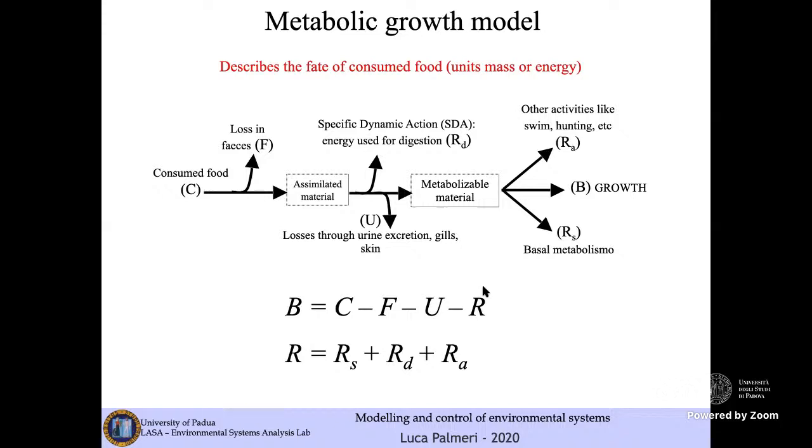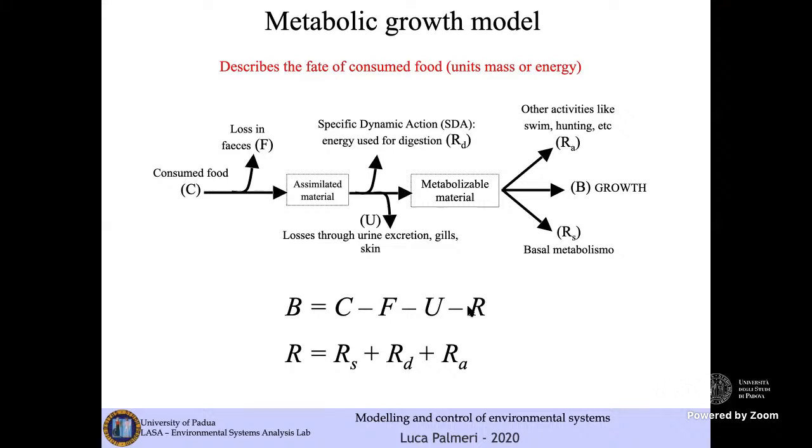In general, into respiration, we include the basal metabolism RS, the specific dynamic action RT, that is the energy employed for the digestion of the food, and the energy that is lost, or consumed, for other living activities, like, for example, hunting, swimming, mating, building nests, and so on.